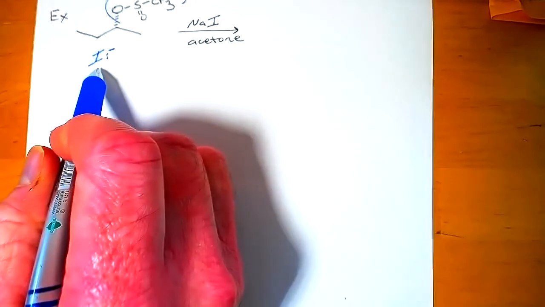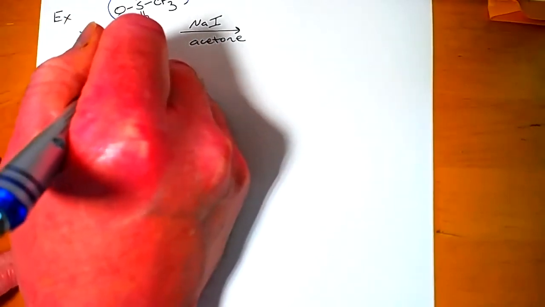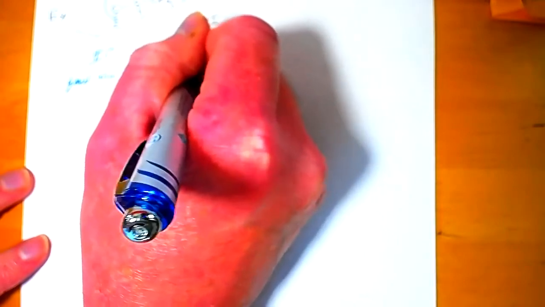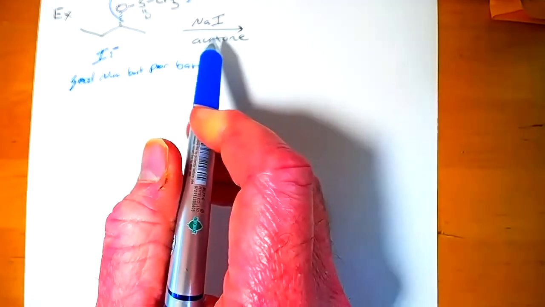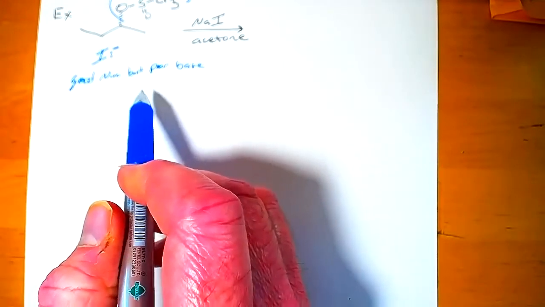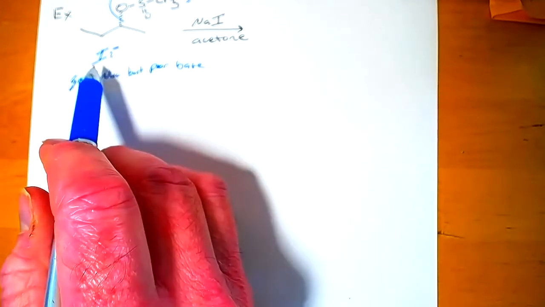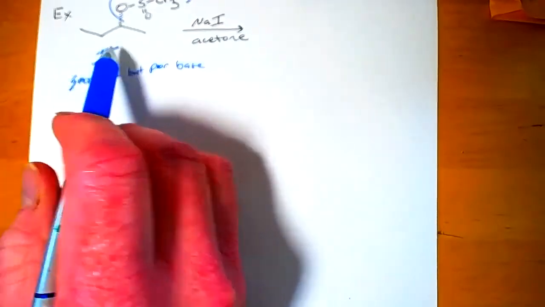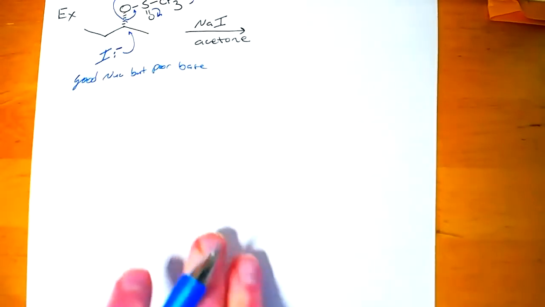And iodide is one of these systems that's a good nucleophile, but a poor base. Again, remember that HI is a very strong acid, so iodide is one of the weakest bases out there. But iodide is a great nucleophile because it's large. So it's able to get in and kick out that leaving group.